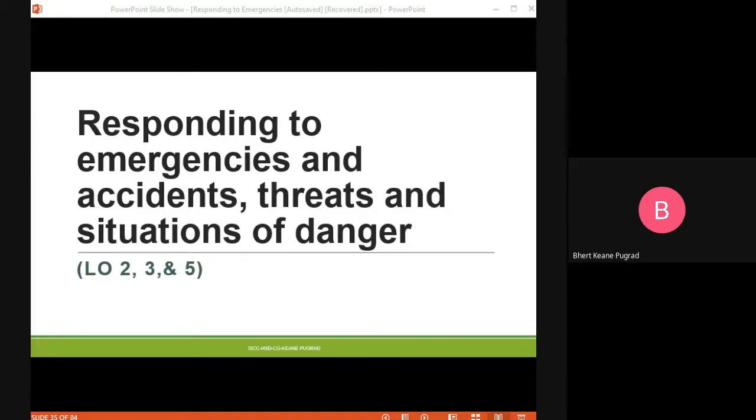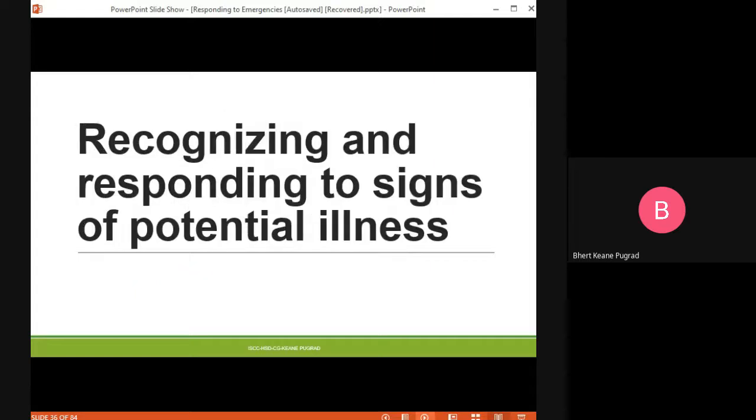The previous topic that has been discussed under this unit of competency was all about the different measures in preventing the spread of infection. So for today, we will be tackling the different measures in responding to emergencies, accidents, threat, and situations of danger.